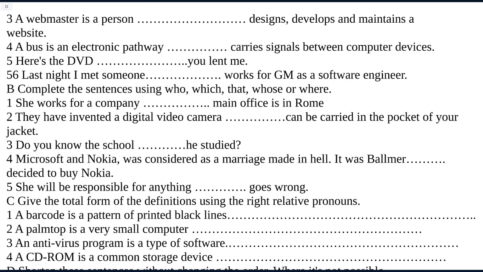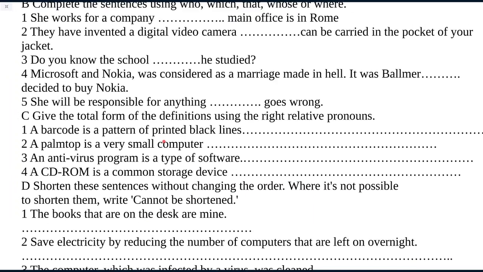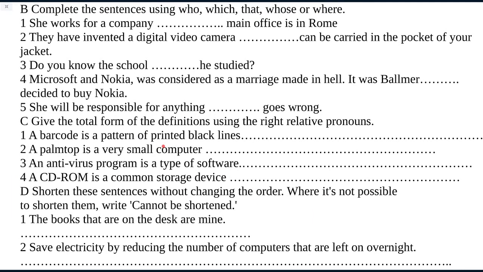Anyways, the next activity. Give the full form of definitions using the right relative pronouns. So this is it. A barcode is a pattern of printed black lines. So how can we define it, using relative clauses, of course?